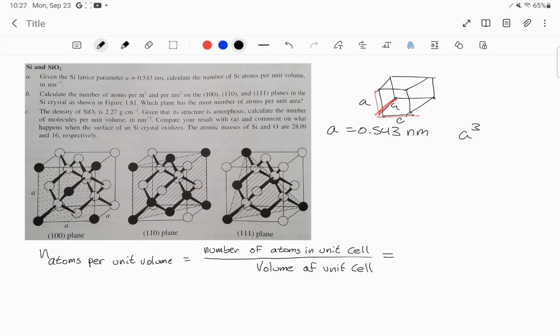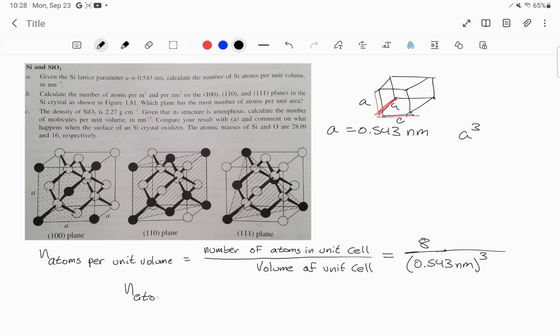And the number of atoms in the unit cell, from a given table, we know that the number of atoms in a diamond structure is 8. We divide that by the volume of the unit cell, which is a cubed, 0.543 nanometers cubed.